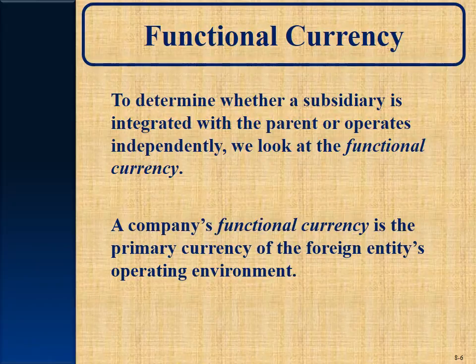Now, to determine whether a subsidiary is integrated with the parent or operates independently, we look at the functional currency. So the subsidiary's functional currency is the primary currency of the foreign entity's environment. So if they primarily use foreign currency in their daily activities, or if they use the dollar.